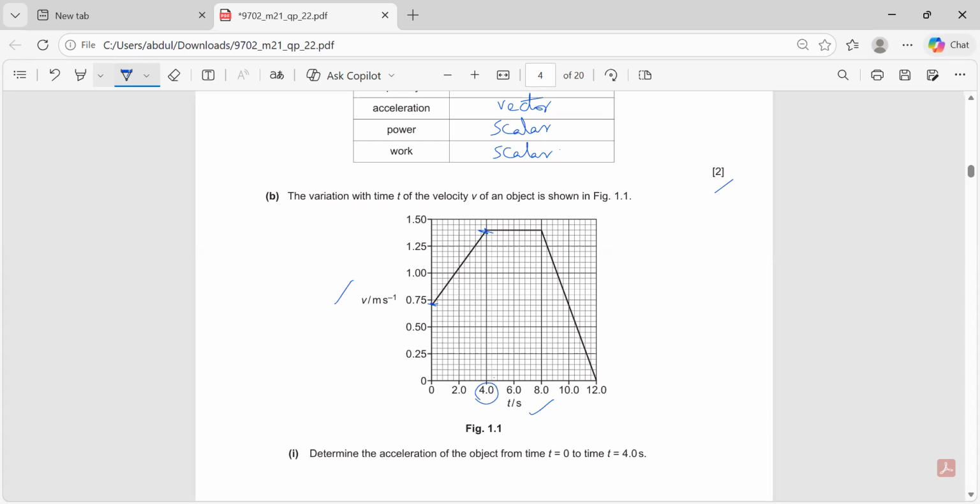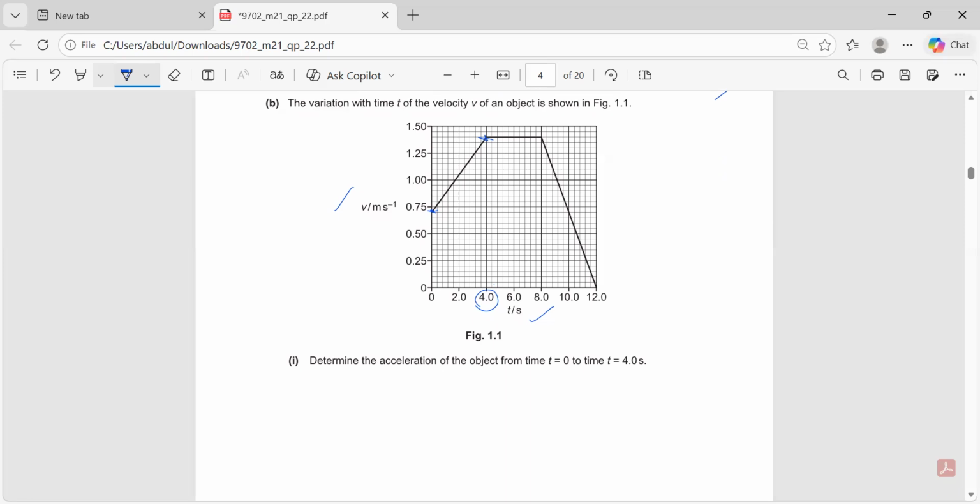Dear friends, so let's calculate the gradient. a is equal to v minus u over t. So that will give us the answer for this one. Okay, my dear. Now, gradient of velocity time graph is equal to acceleration.